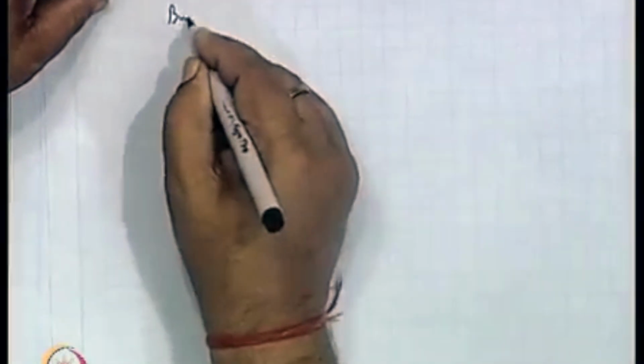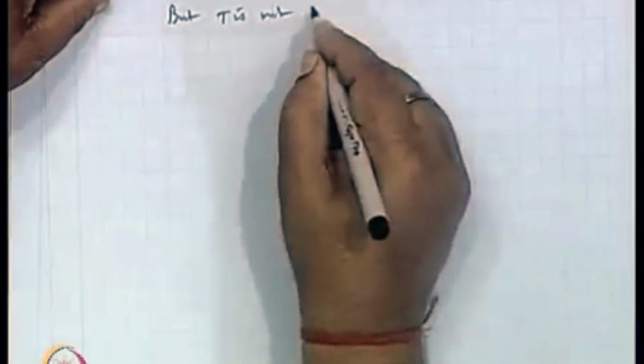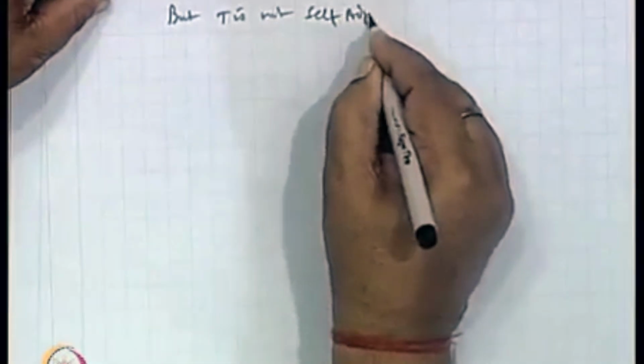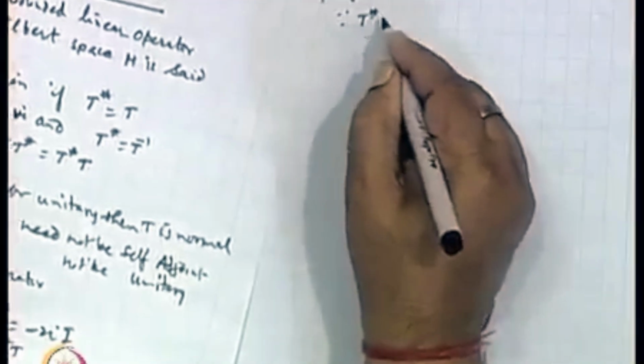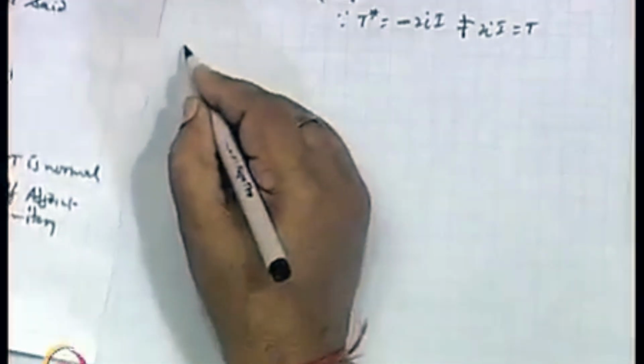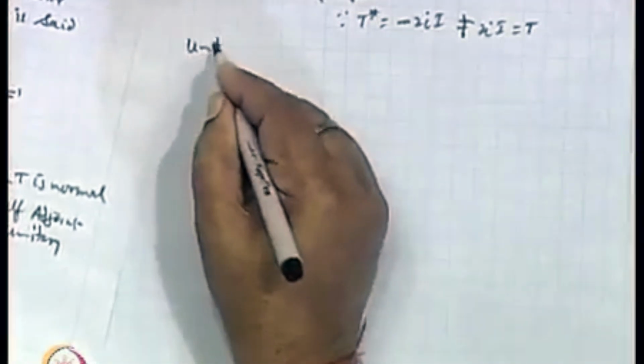Why not self-adjoint? Because T star is not equal to T. T star, which comes to be minus 2i I, is different from 2i I, that is T. So it is not self-adjoint. It is not unitary either.